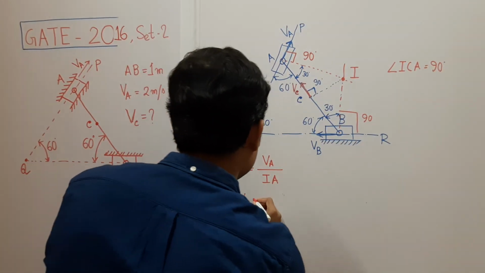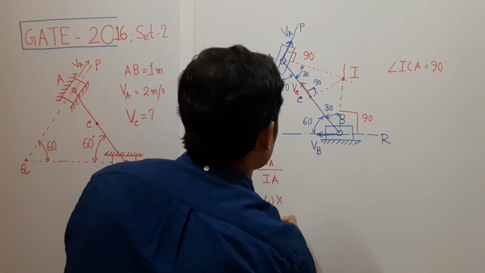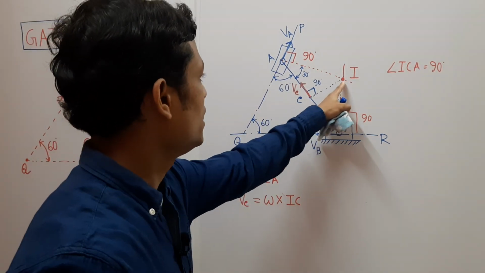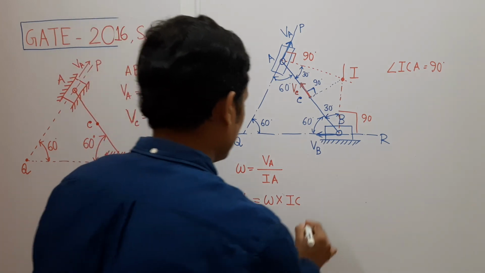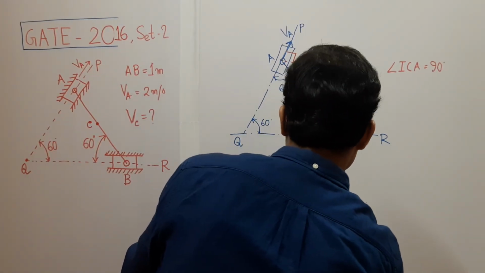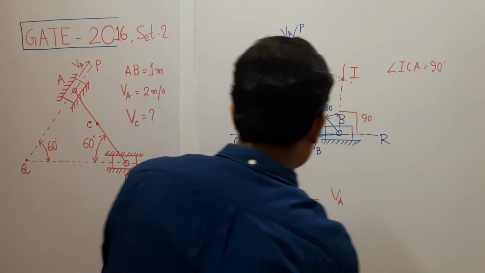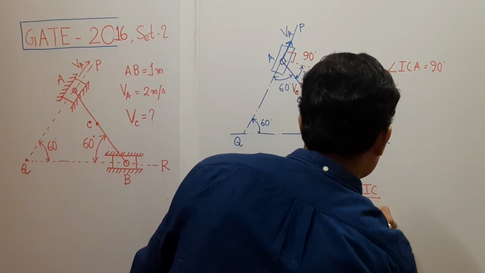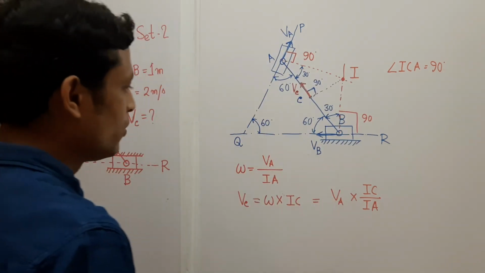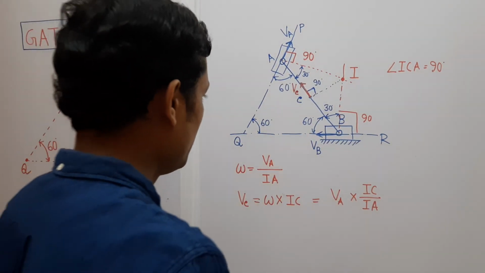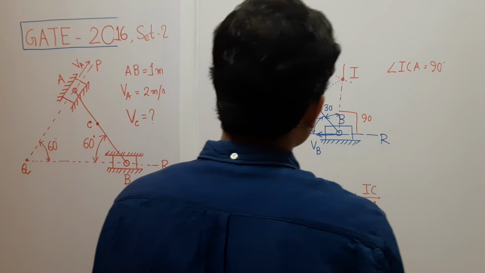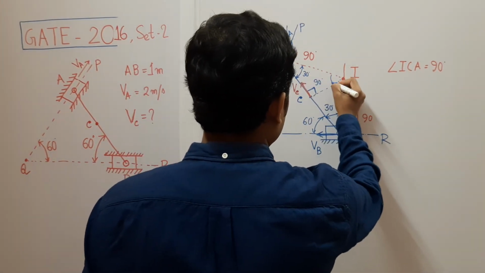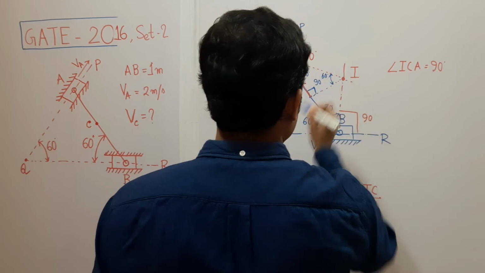So VC will be what? Omega into IC, that is the distance of point C from the instantaneous center of velocity. So omega is VA by IA, so VA into IC by IA. Now what is the ratio IC by IA? Let us determine it from this triangle. So this is 30 degree, the remaining angle is 60 degree.